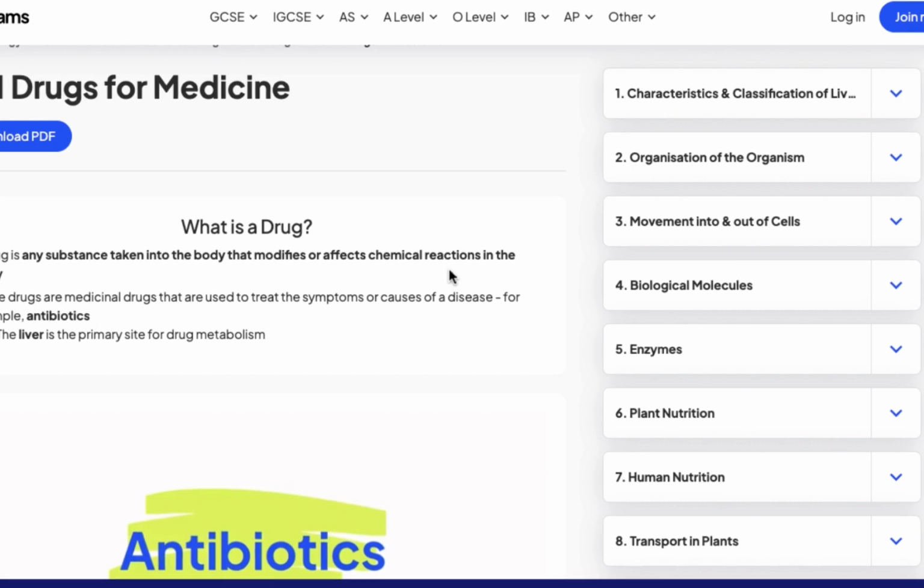According to some people, it makes you feel out of this world, which is called the misuse of drugs. So drugs are actually things that affect our metabolic reactions, things that modify the chemical reactions and compositions in our body system.